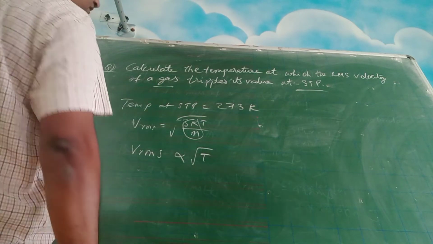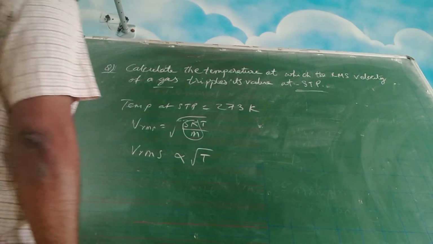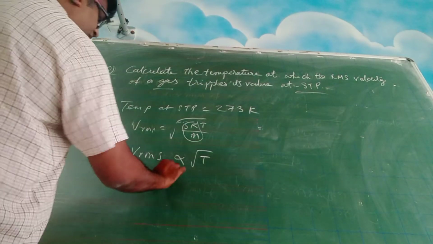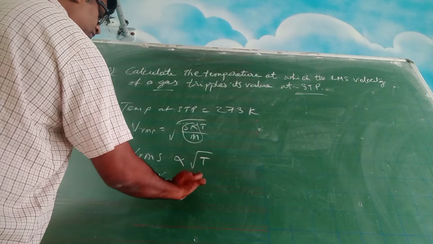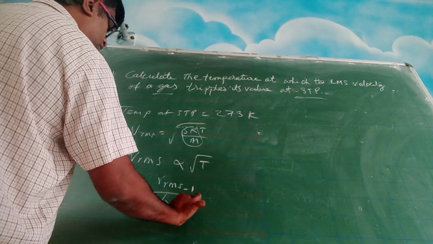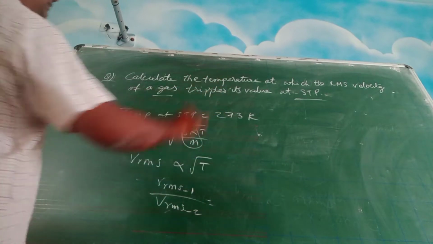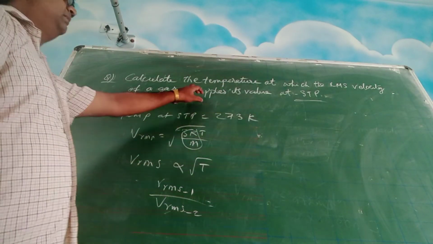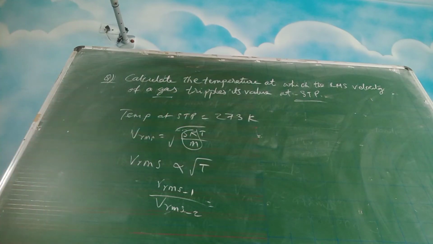Here it is given that the RMS velocity of a gas triples, so VRMS1 by VRMS2, it means 3 times it will become.